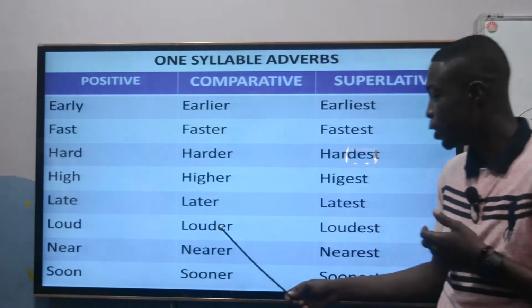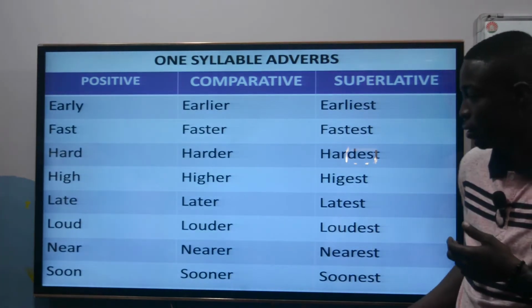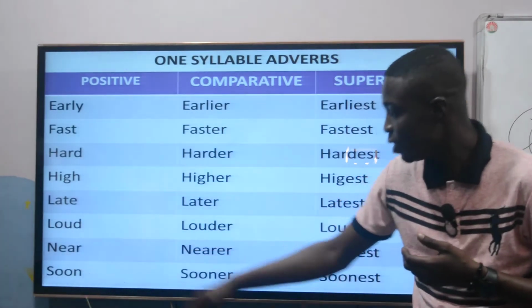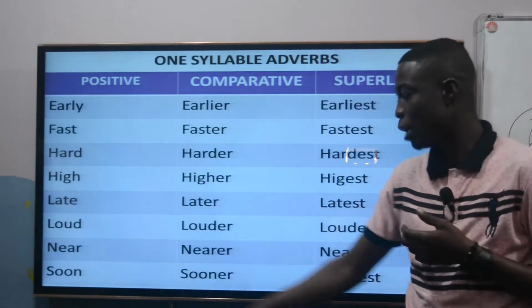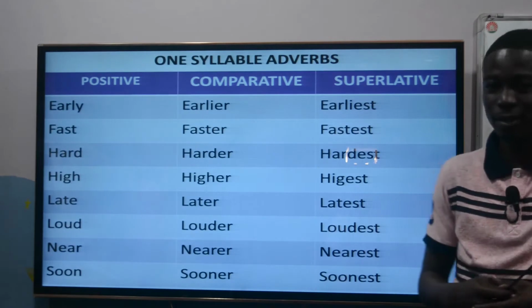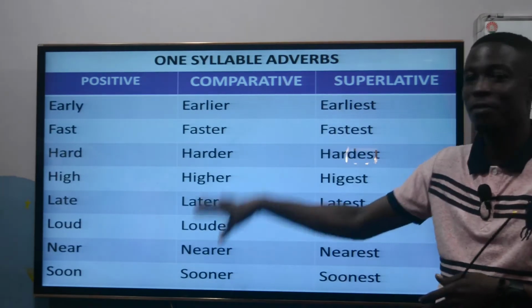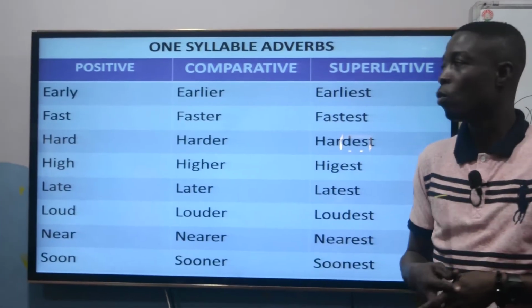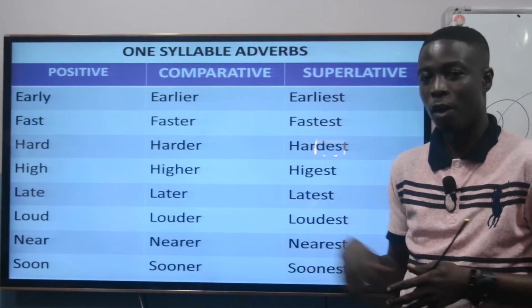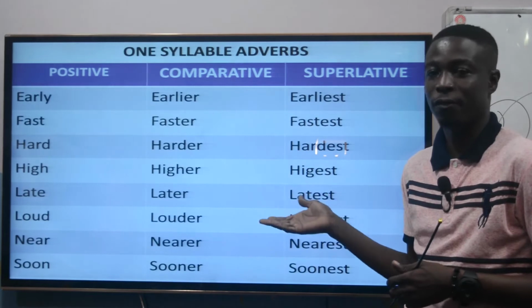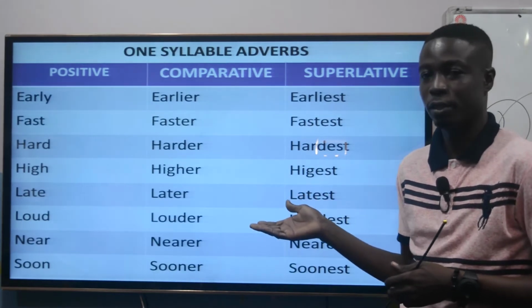Loud, louder, loudest. Near, nearer, nearest. Soon, sooner, soonest. This is just a few of the one-syllable adverbs. I hope you have understood up to this point.